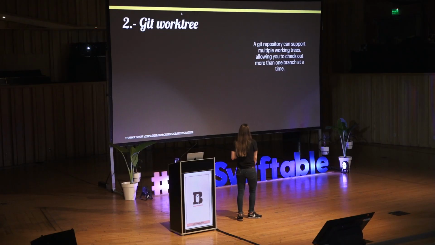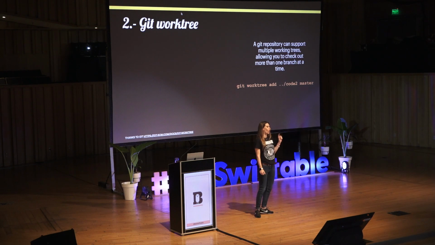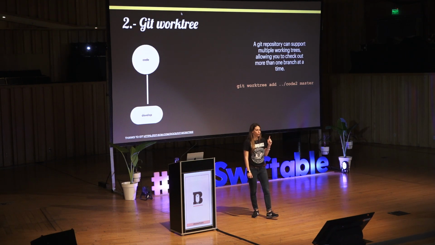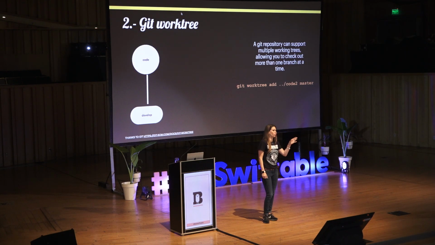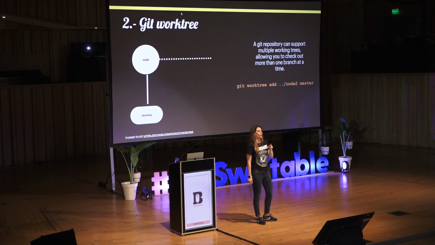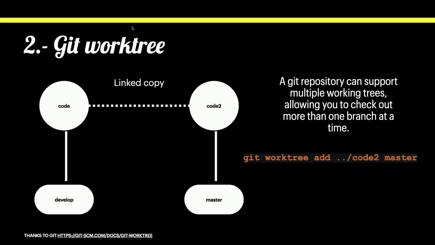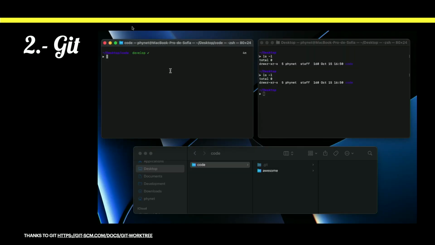Git worktree is basically a linked copy from your project, from your working tree, to another one. So you just need to type git worktree add, the name of your new worktree, and the branch that you want to switch to. This is basically how it works.